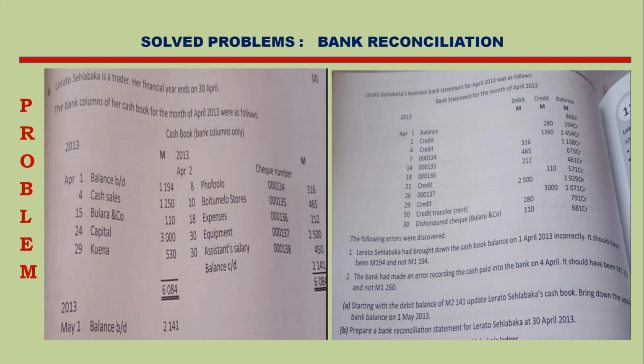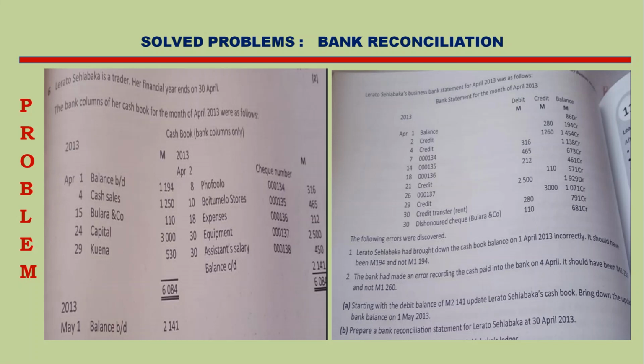April 7, 000134, debit 316, closing balance 1138. April 14, 000135, amount 465, balance 673 credit. April 18, 000136, debit 212, credit balance 461.